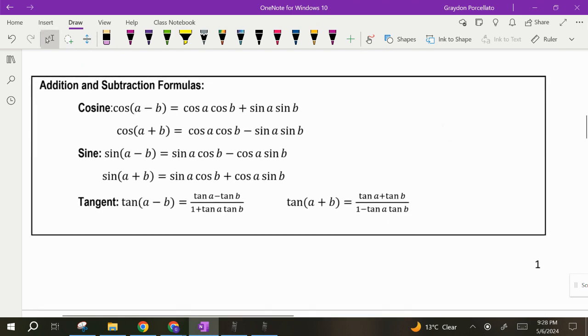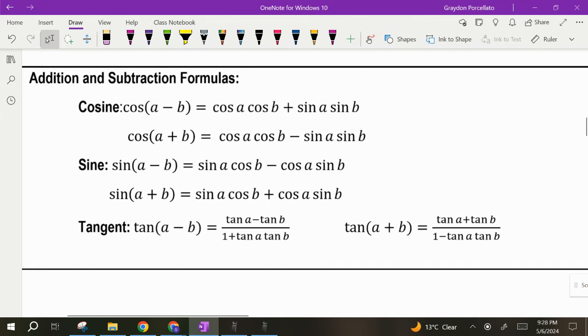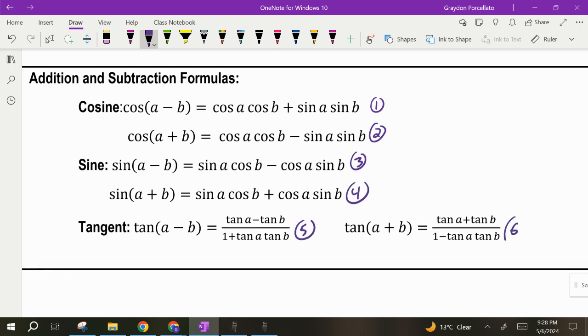So the idea here is that we have what are called our compound angle formulas, or our addition and subtraction formulas. And these are them, okay? There are 6 of them, all right? You will be given these for a test. So there's 1, 2, 3, 4, 5, and 6. There's 2 for cos, 1 when you're subtracting two angles and 1 when you're adding the angles.